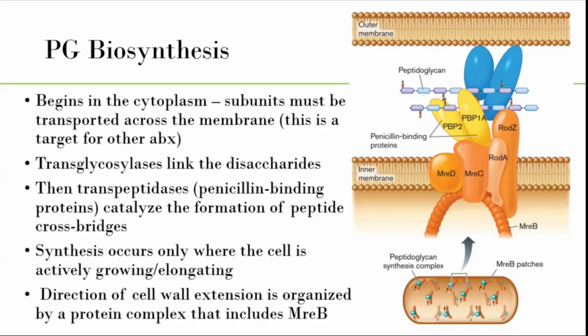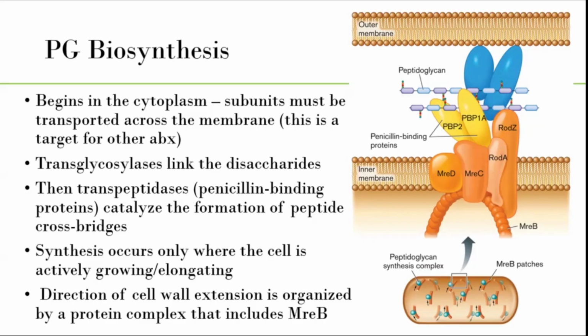with new peptidoglycan. So it's basically making it where you only need to worry about one weak area at a time, and you can fix it right away. As the cell grows a little bit, you immediately fill in the hole. And the way the cell wall extends is because of a protein called MreB.